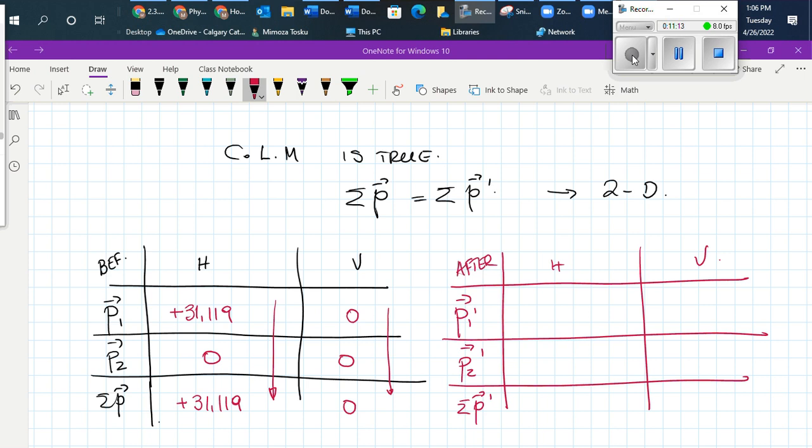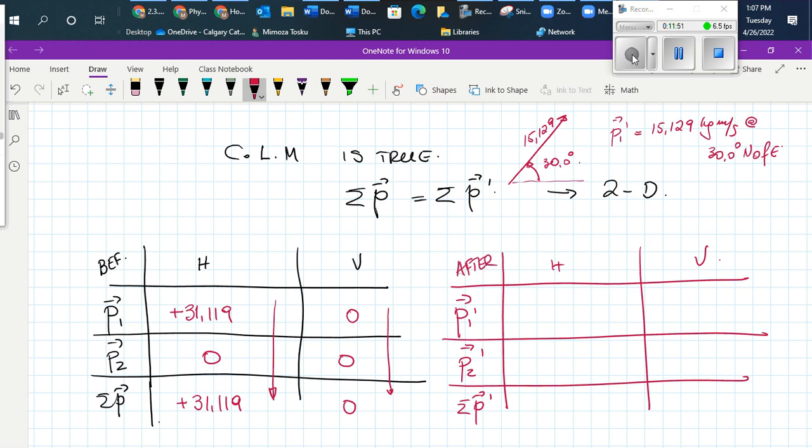Now let's move to the horizontal component and the vertical component of P1 prime, which is a vector of 15.129 kilograms meters per second at 30 degrees north of east, a vector that has a magnitude of 15.129, and the angle with the east axis is 30 degrees.